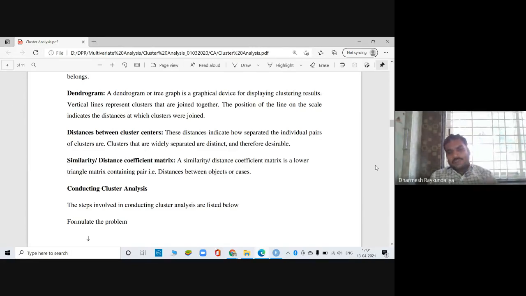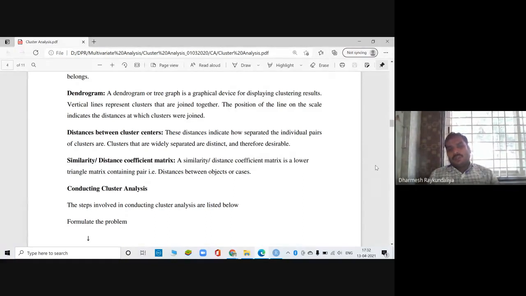Then there is the Chebyshev distance. The Euclidean distance has the demerit that it is affected by the scale of measurement, but the Chebyshev distance is not affected by the scale of measurement. People can also use the city block distance, the Minkowski distance, or the square of the Euclidean distance.